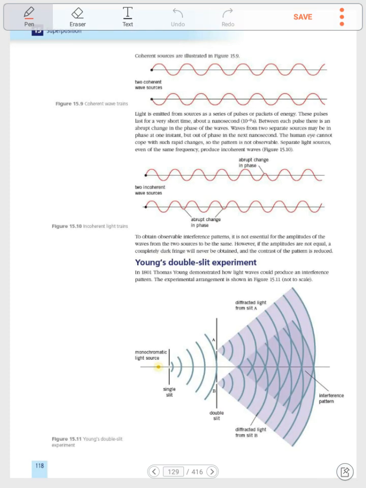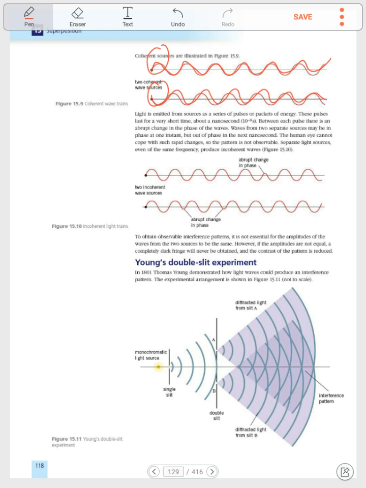These are coherent sources. Now we have here, this is wave number 1 and this is the second wave. These waves move in the same direction, and we can see that these waves are in opposite phase.